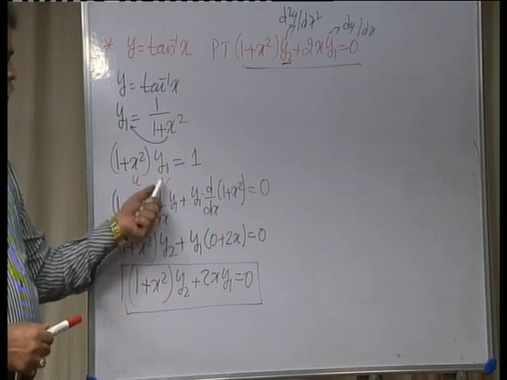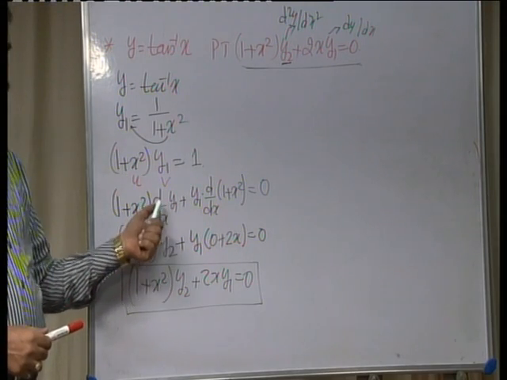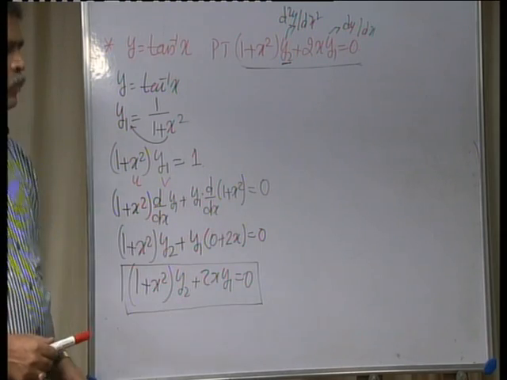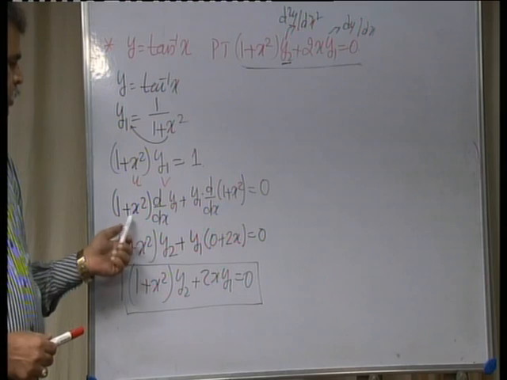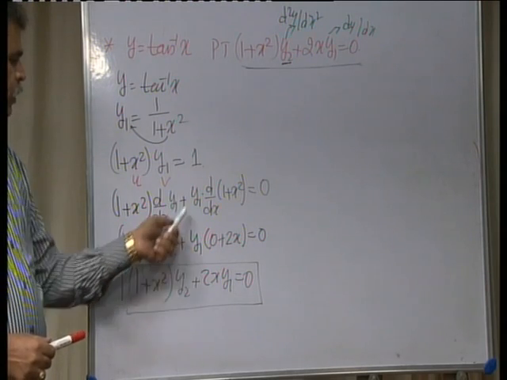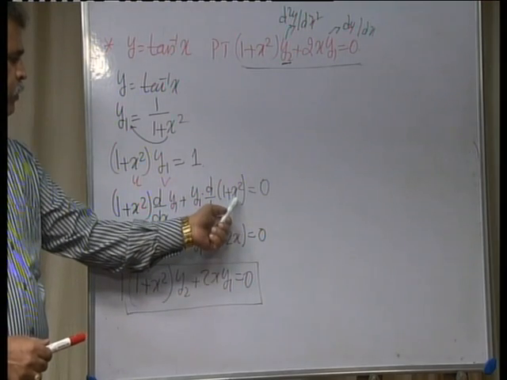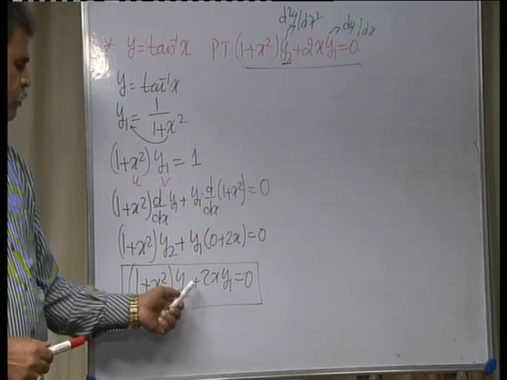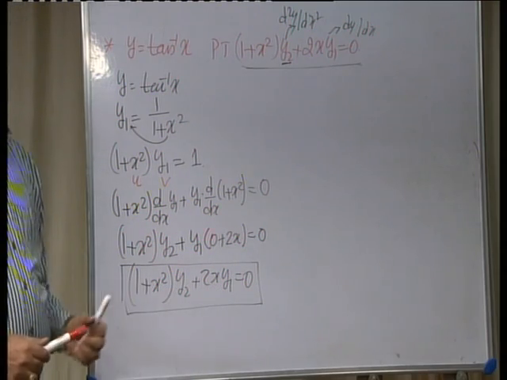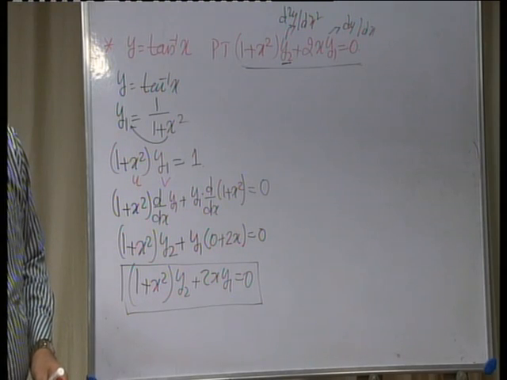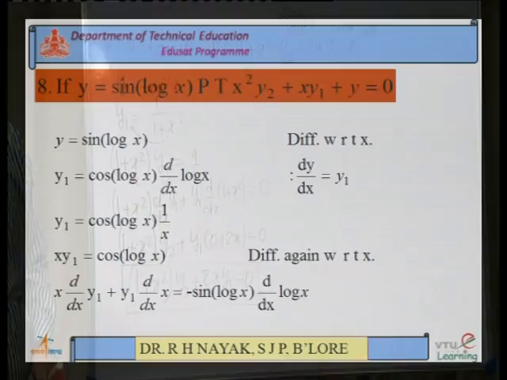You will get u into v: 1 plus x square into d by dx of y1 plus y1 into d by dx of 1 plus x square is equal to 0. Keep 1 plus x square as it is, the differentiation of y1 is y2, keep y1 as it is, the differentiation of 1 is 0 plus 2x, so it will be 2 into x into y1. 1 plus x square into y2 plus 2x y1 is the answer.